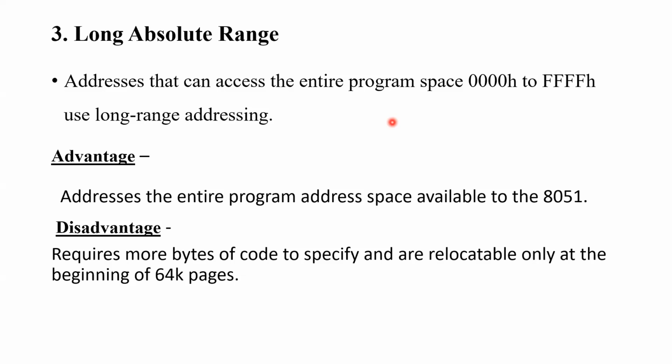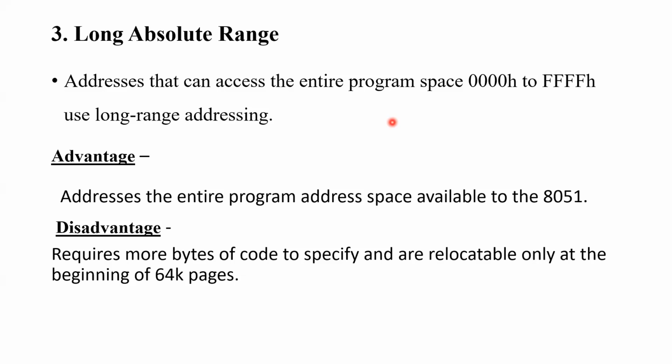So if you write a long program, with the help of the long absolute range we can write the jump instruction so that from 64 kilobytes you can move directly to 0.